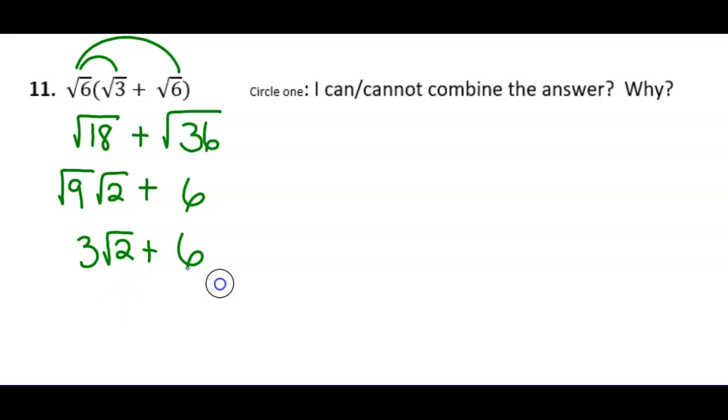And this is like just a 6, just a constant. So 3 times x plus 6, I can't combine those because this is not a like term to this one. If this had a square root of 2, then I would be able to combine these and add just the front numbers together, because it's just like sorting our pencils or sorting our apples. So can I combine these? No, because they're not like terms.